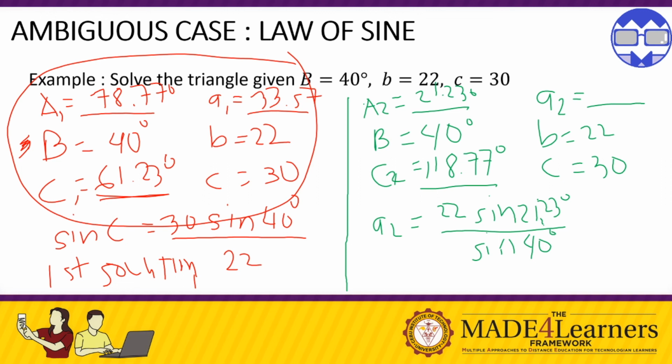This will give us a sub 2 being 12.39. So these are the two solutions for the ambiguous case.